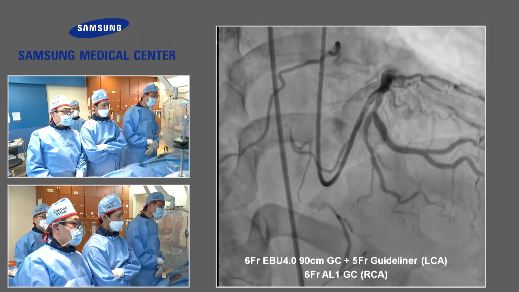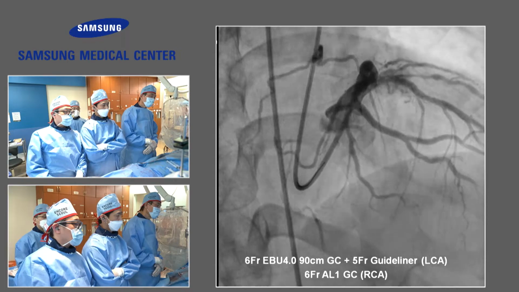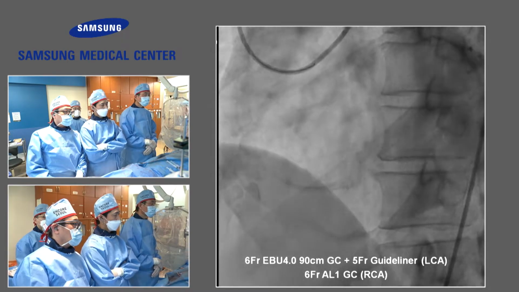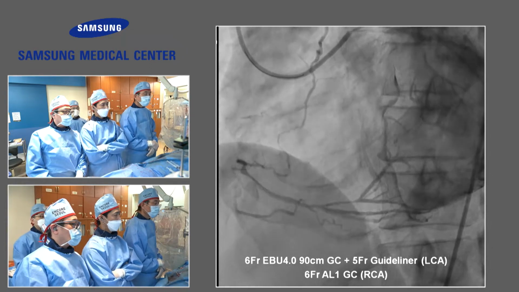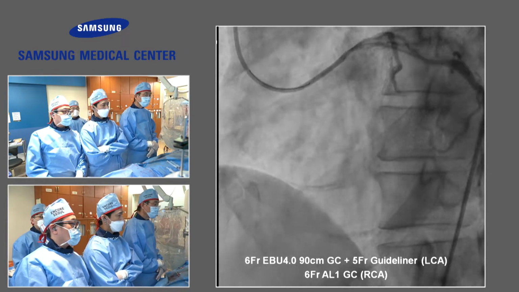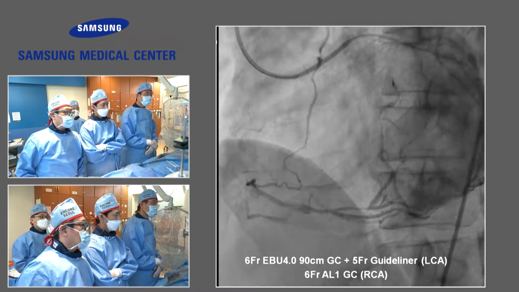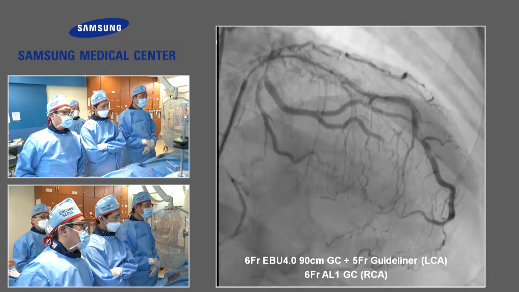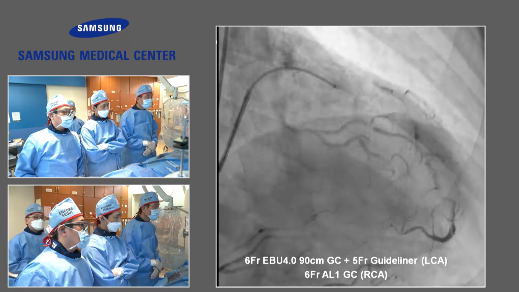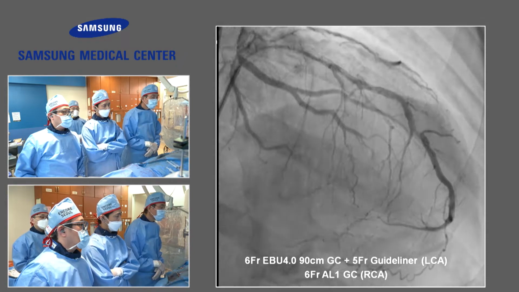The circumflex collateral is very tortuous. The collateral is going up and down to the PL branch. Next, let's look at the left side collaterals. At the first septal, there is no connection. Second septal, I'm not sure.